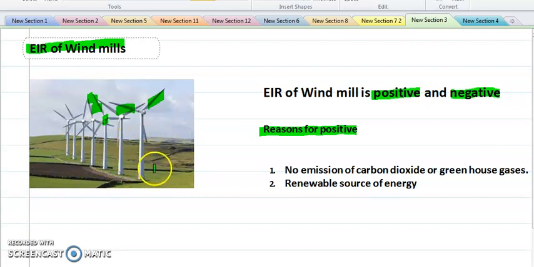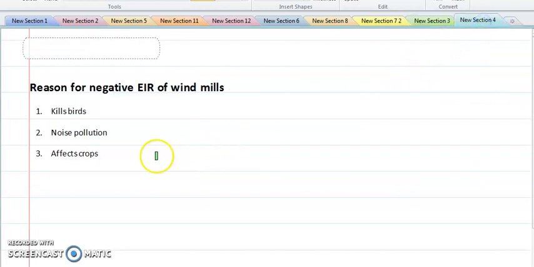At some times, to establish a windmill plant, a lot of plants are removed to clear the land, to make the area very clear so that it can be established there. So the very first reason for the negative EIR of the windmill is that it affects the crops, because a lot of crops and even a lot of plants are removed. So we can say its EIR is negative.